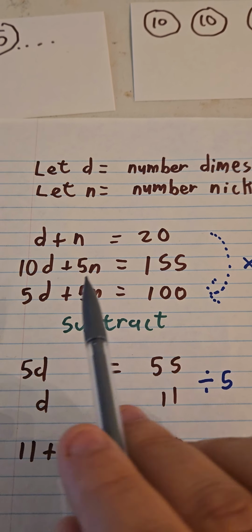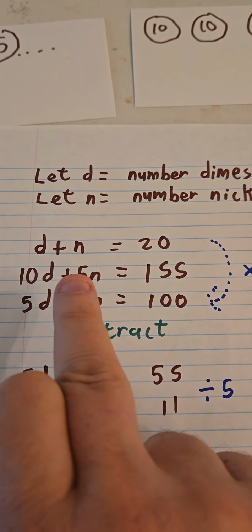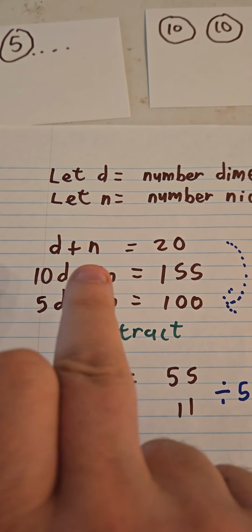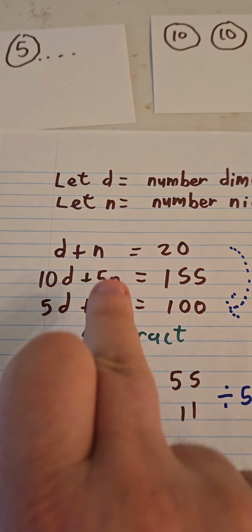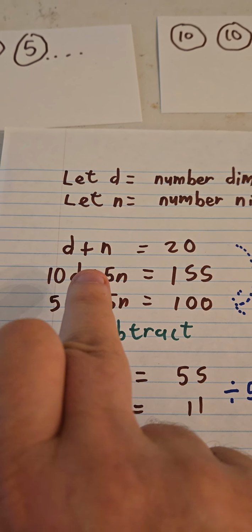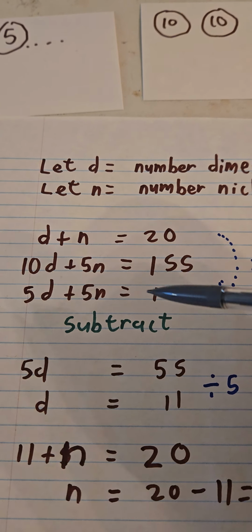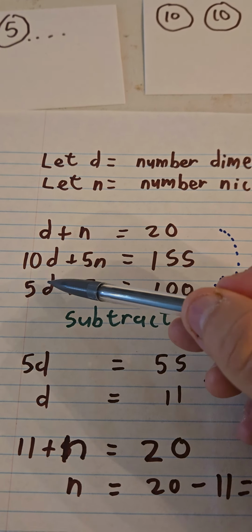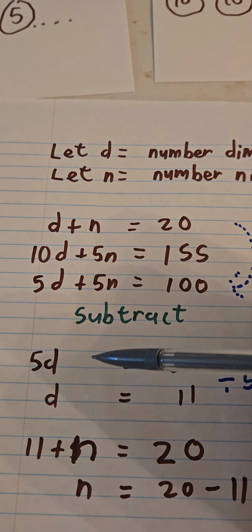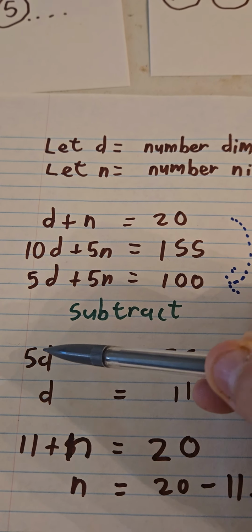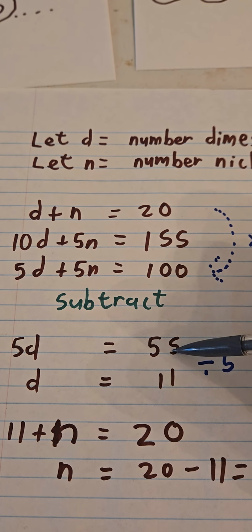The right side is 155 minus 100, and the left will also be 155 minus 100, because this equation equals 155 and that equation equals 100. So left minus left: 10D minus 5D equals 5D. 5N minus 5N equals 0. The N's disappear. It's 5D. 155 minus 100 is 55.